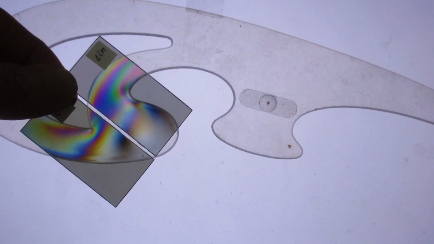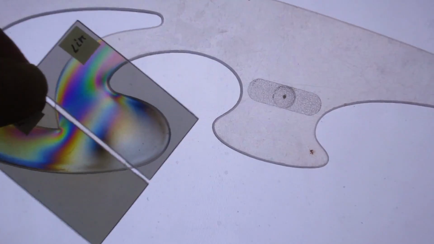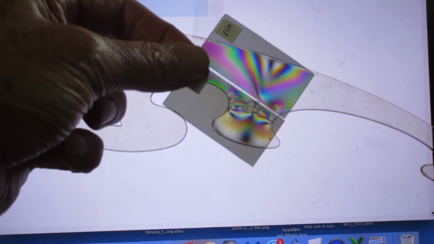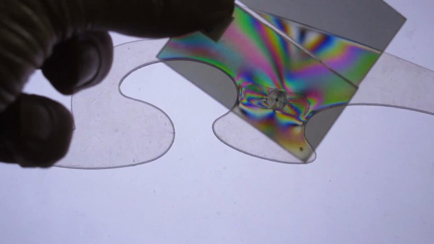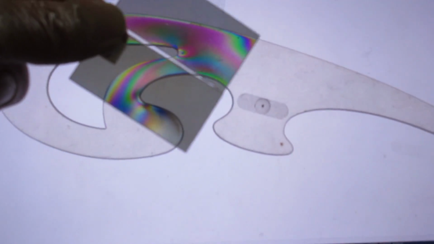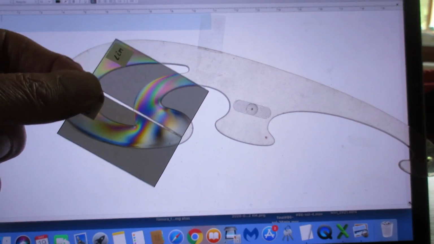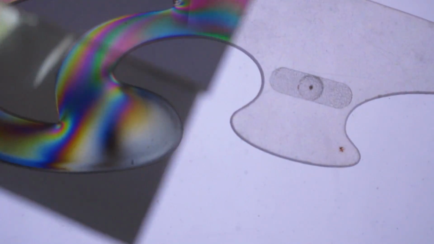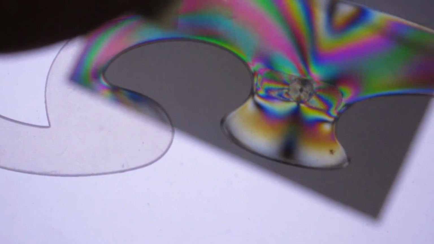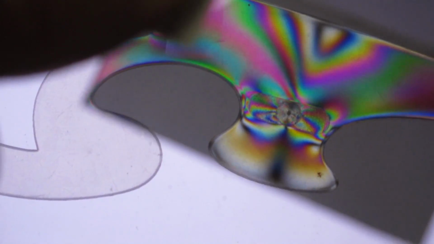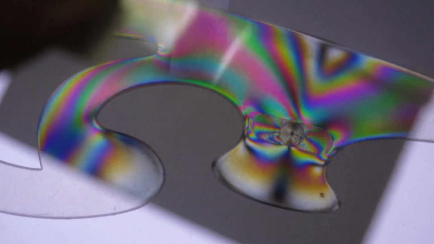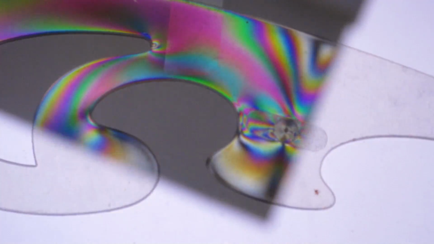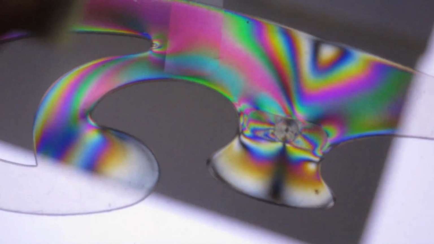Look at this. Look at this. Is that incredible? I have 2 linear polarizers next to each other. That's easier, so you have a little bit larger area. So now you understand why you see all these colors.